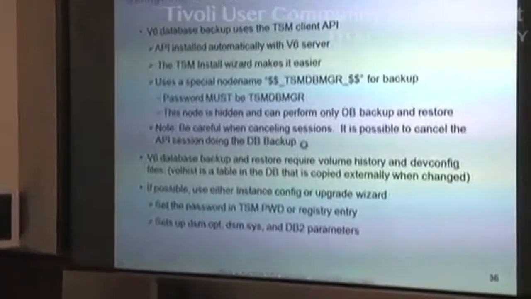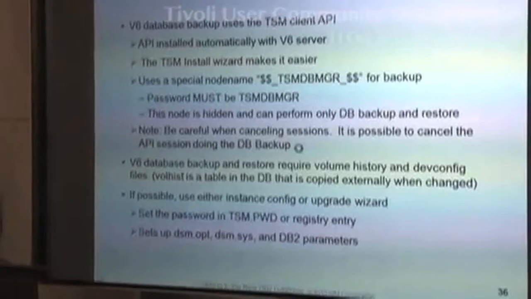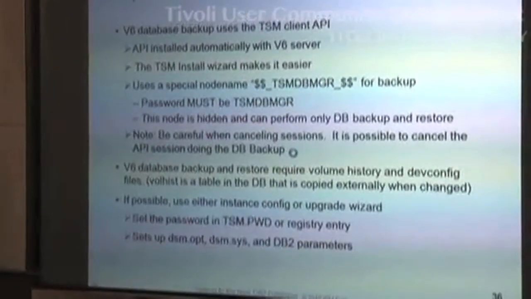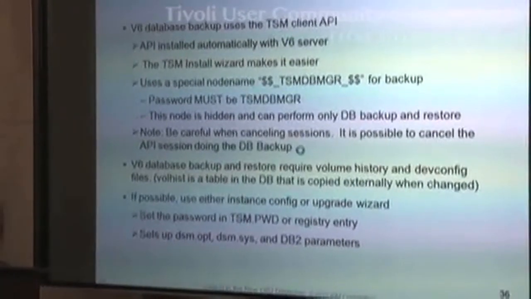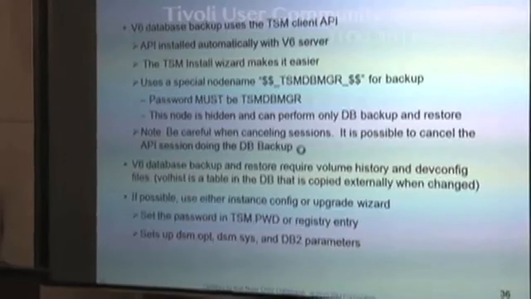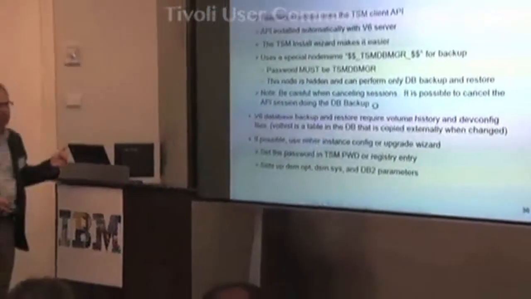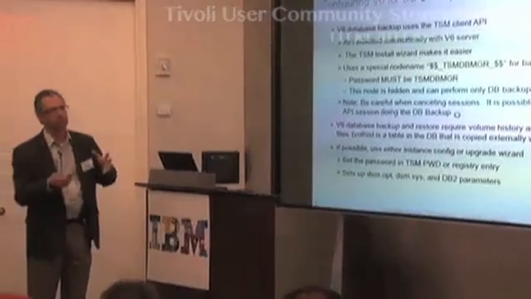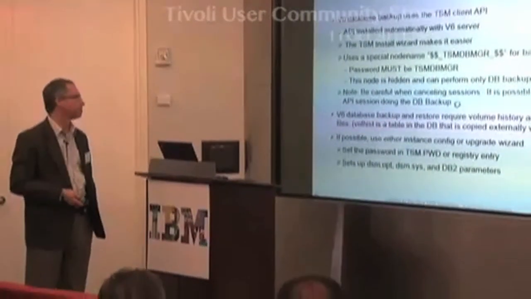You'll see it as a session, so don't kill it, because it's your backup job. And if you can, use the wizard to set it up. It defines the node name and the syntax, the variables for the node and the password. If you don't use the wizard, you have to do it by hand. It's not a big deal, but there are some extra steps as part of the setup process.